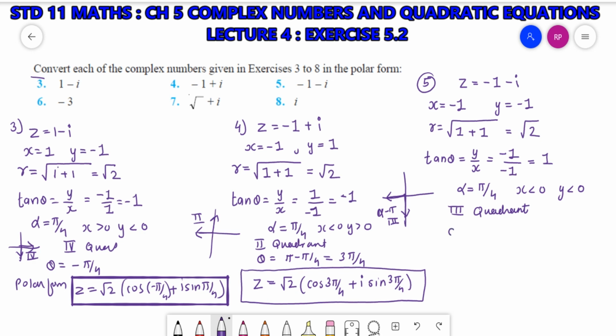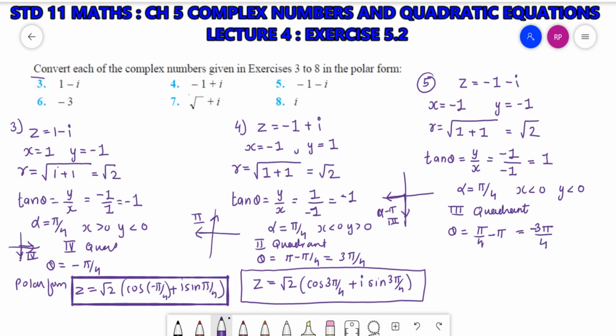So theta is equal to alpha minus pi, that is pi by 4 minus pi. So this is equal to pi minus 4 pi by 4, that is minus 3 pi by 4.